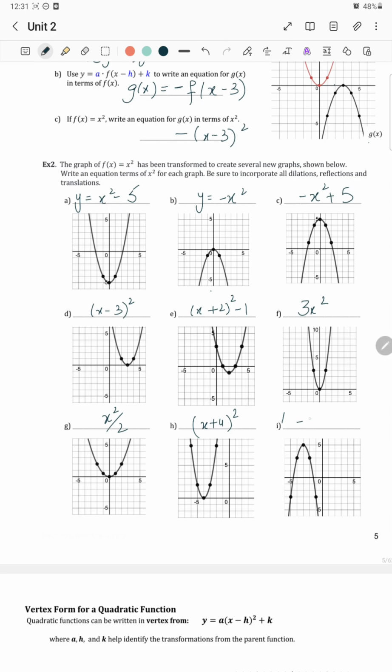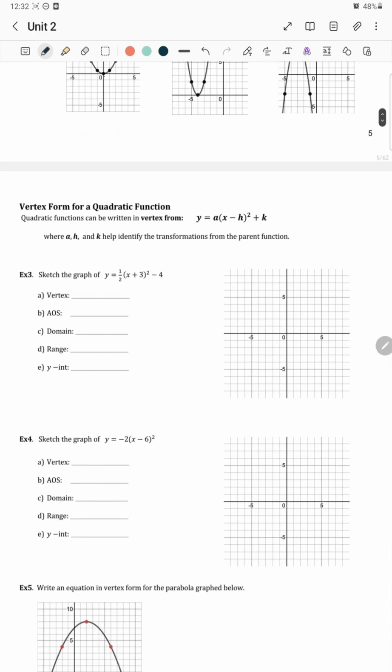It's negative x, 1, 2, 3, x minus 3 square plus 5.